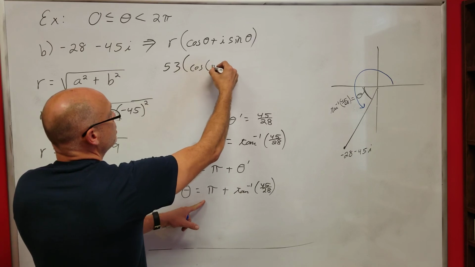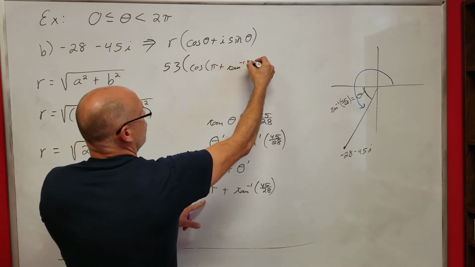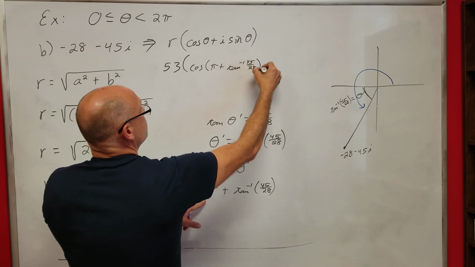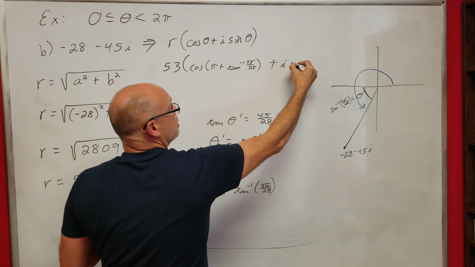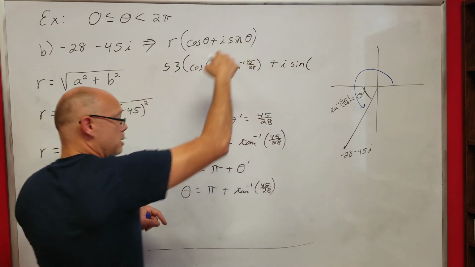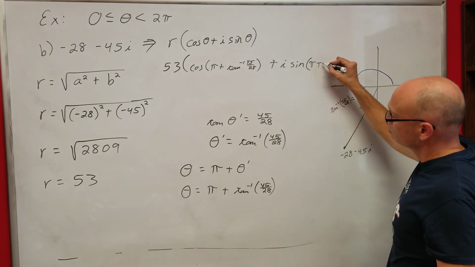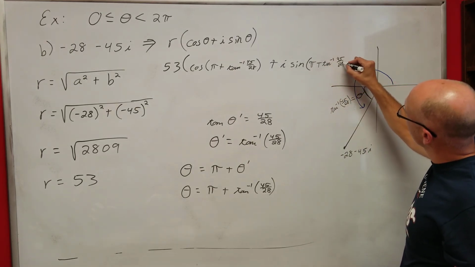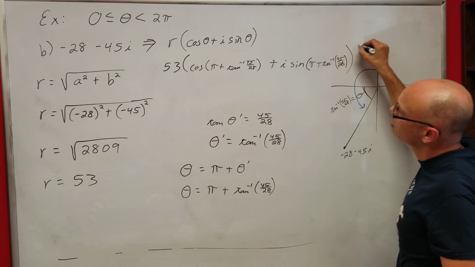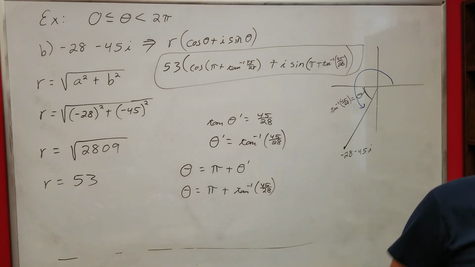Cosine of pi plus inverse tangent of 45 over 28, plus i times the sine of this theta, which is pi plus the inverse tangent of 45 over 28. There we go. That's that number in complex polar form.